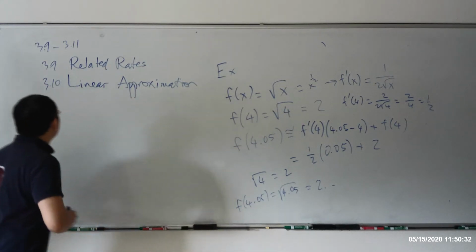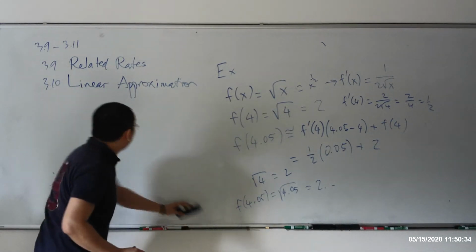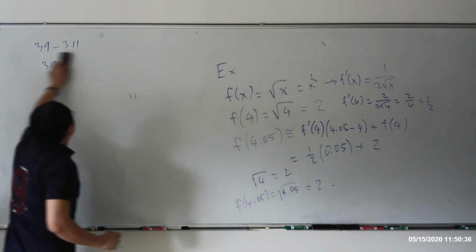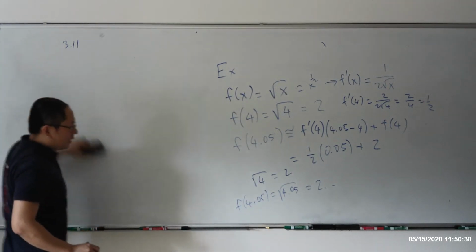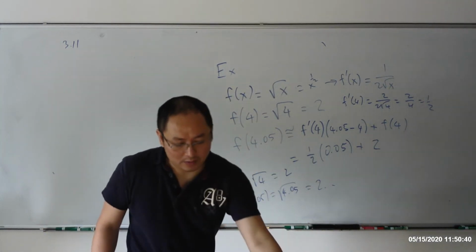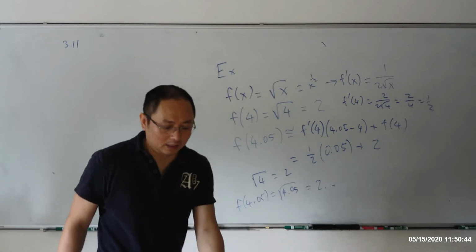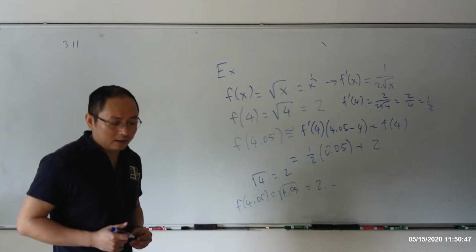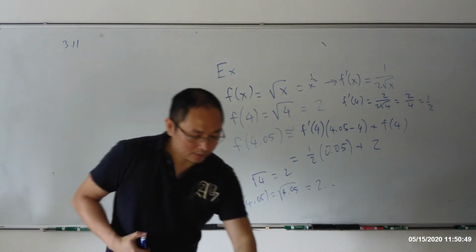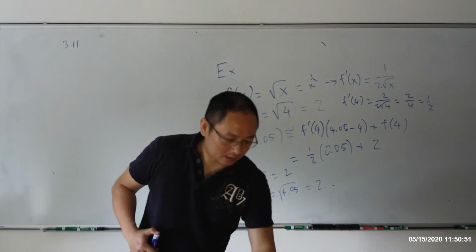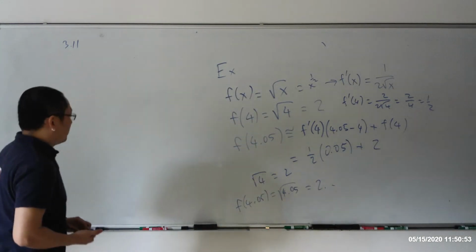Next, I'm going to talk about 3.11. Now it's completely different from the other two sections that we covered. It's about hyperbolic trig functions. So I'm just showing you all the formulas, okay? You can just practice the formulas. They just give you basic formulas and you try to practice.